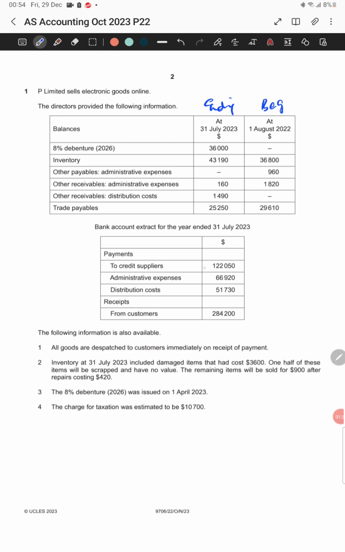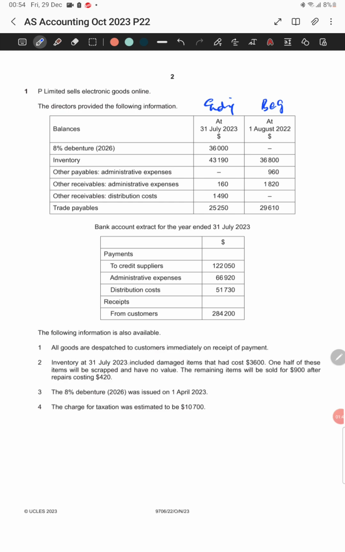Payments: trade suppliers, administrative expenses, distribution cost, and receipts from customers. All goods are dispatched to customers immediately on receipt of payment.